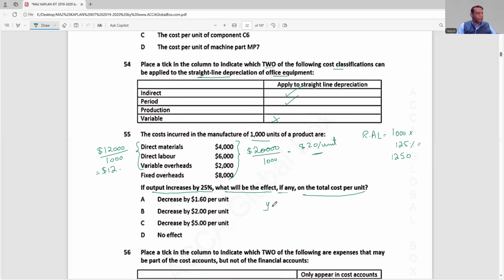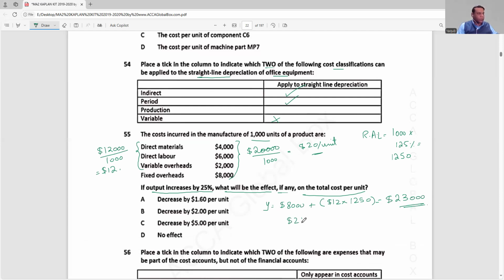Now we will follow the formula. Fixed cost is 8,000 plus variable cost per unit 12 into activity level 1250, which gives 23,000. Previously it was 20,000.